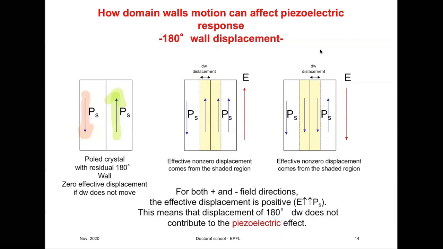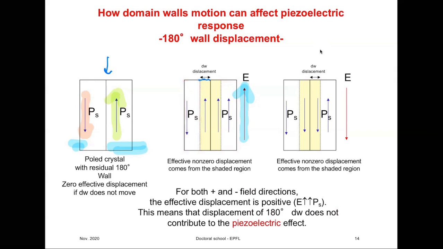We now apply an electric field in this direction, which means that we are energetically preferring this orientation of polarization to this one. That means that this domain wall will move, so it will move at the expense of this polarization.